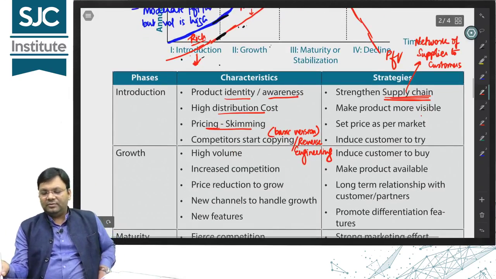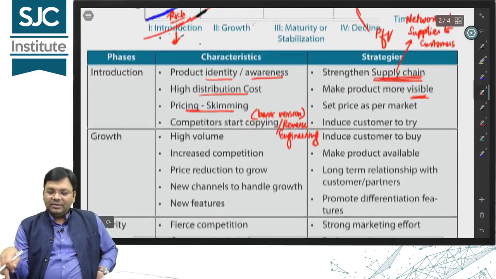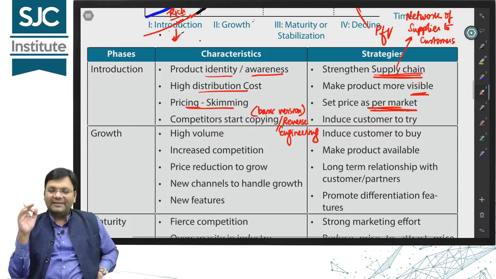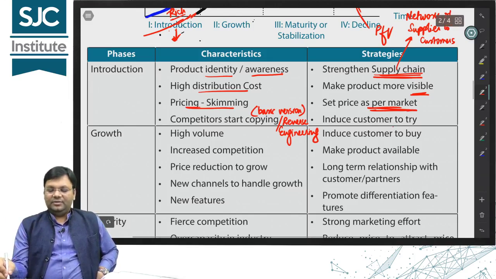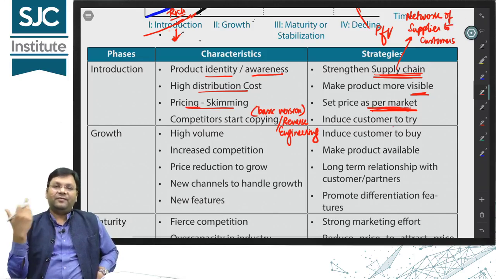Then you have to take an action plan of creating more visibility of your product. Then you have to set price as per market. Price as per market is something written for the sake of being written, because price is actually decided by us, as it's an innovative product. Anyways, you cannot set a price which the market can never afford to pay. It's very important to understand.